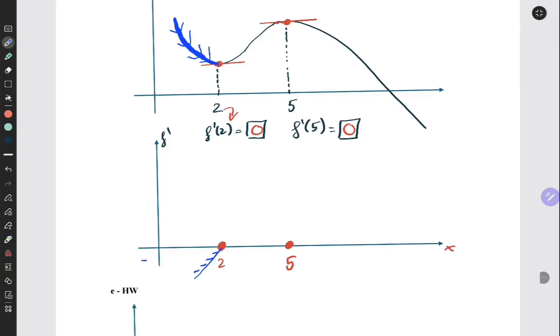Think about the middle one between 2 and 5, and then after 5. Okay, go ahead.